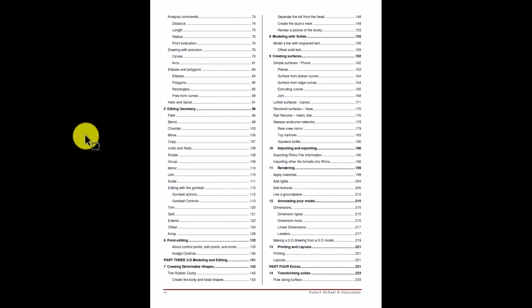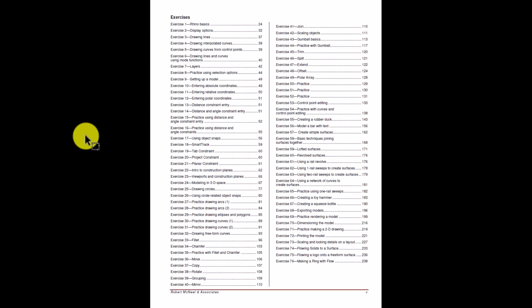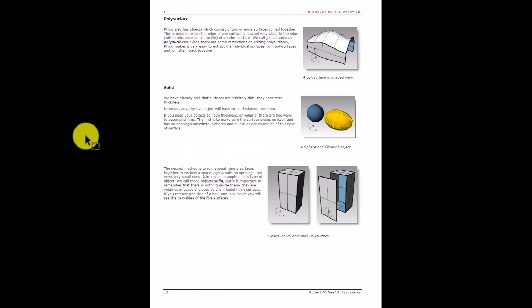I'm not able to anoint you with a certificate. If you take Steve Fuchs's ARC A162 Rhino 1 class, he can anoint you with a certificate if you want one. But this is the whole entire level 1 training manual.